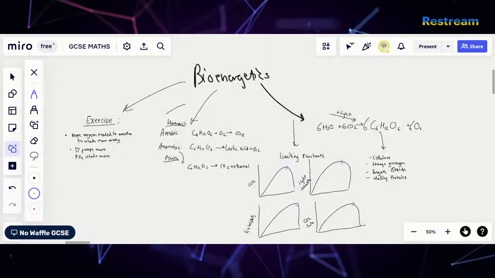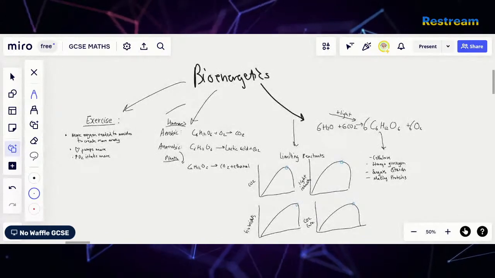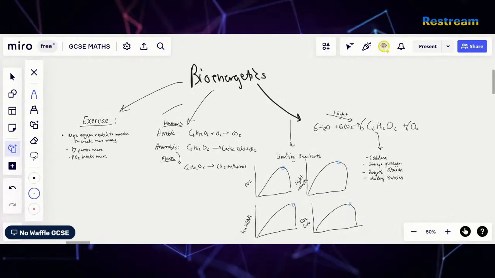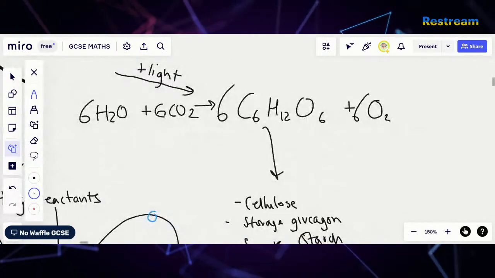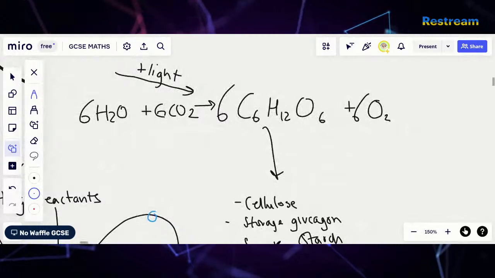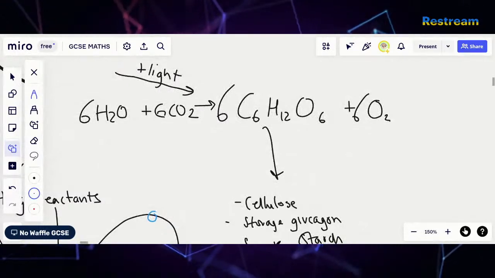So the first thing was the photosynthesis reaction, and it's just a process of making glucose from light. It requires carbon dioxide and water to make glucose and oxygen, and they have their own chemical symbol.